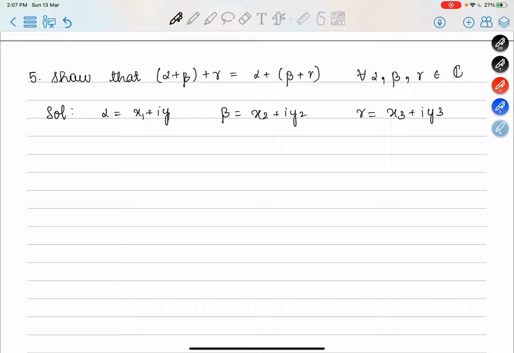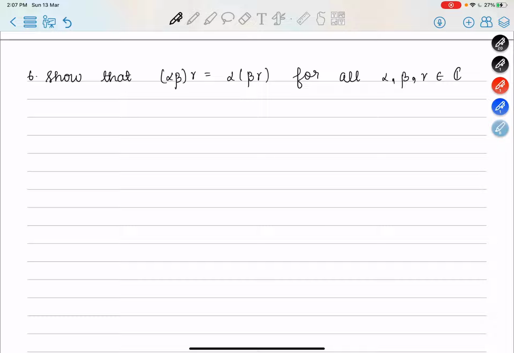First calculate the first grouping, this will be equation 1. Then calculate the second grouping, this will be equation 2. Compare and it will be the same thing.